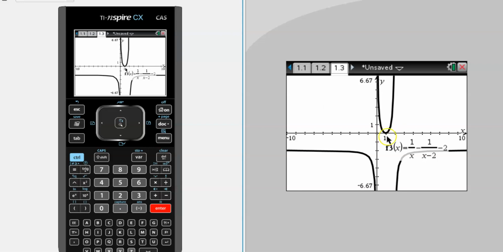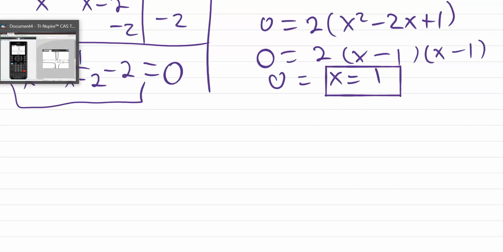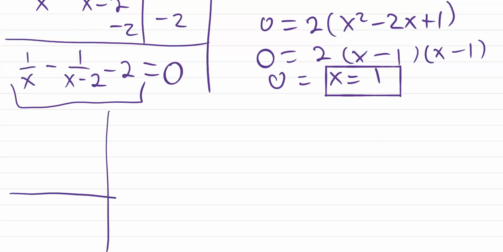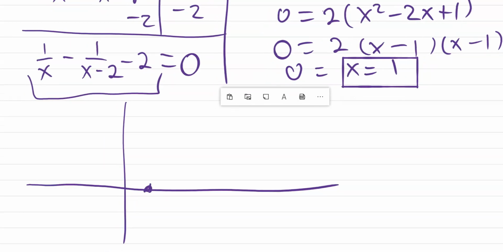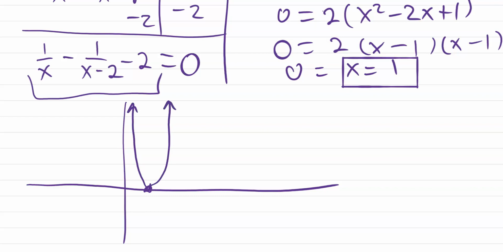Well, there's our solution right there at 1, right? So we know it crosses there at 1, and then it does that weird loop up thing, and then it does this.